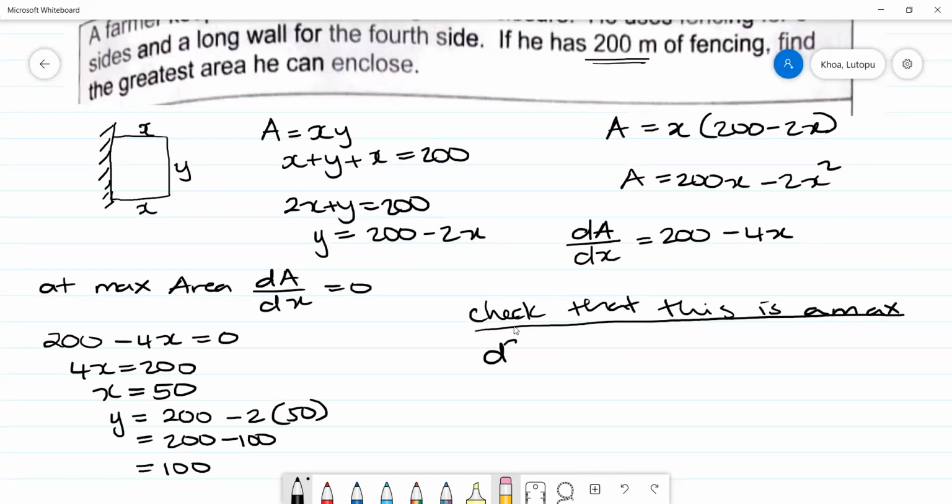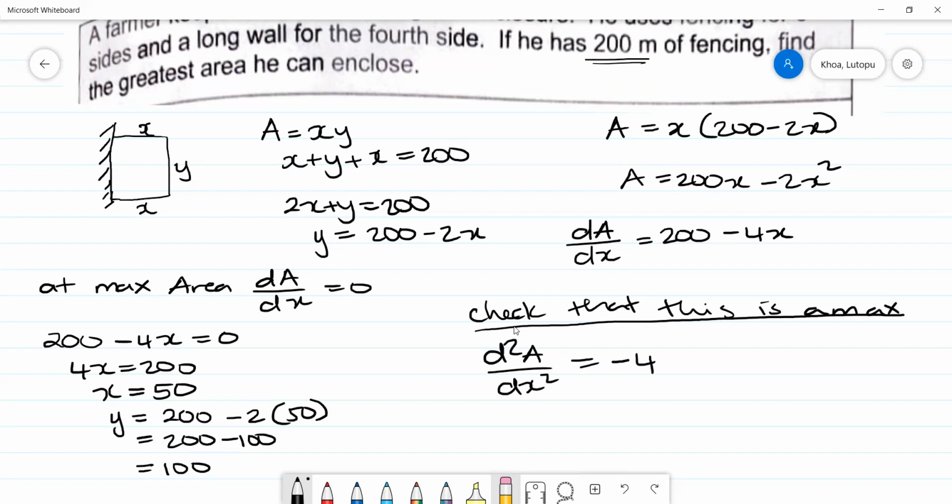So we find d2A/dx2. This, we differentiate the first derivative, which is -4. Sorry, it's this one. Okay, this gives us -4.